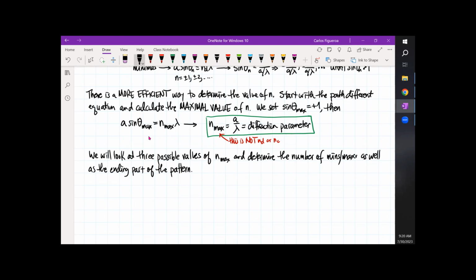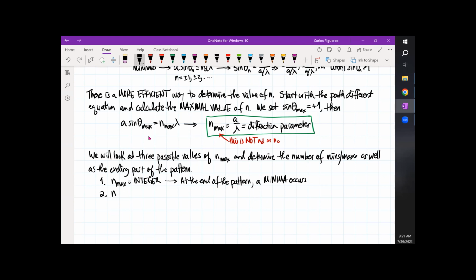These three cases are: one, n max equal to an integer. If this is an integer, then at the end of the diffraction pattern, a minima occurs.